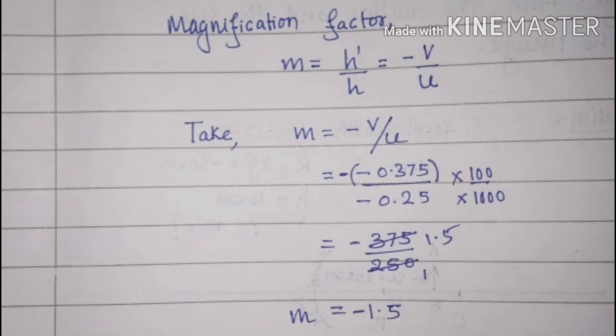To convert these numbers into whole numbers, we will multiply and divide the ratio by 100. Then we get minus 375 divided by 250. On simplification, m is equal to minus 1.5.